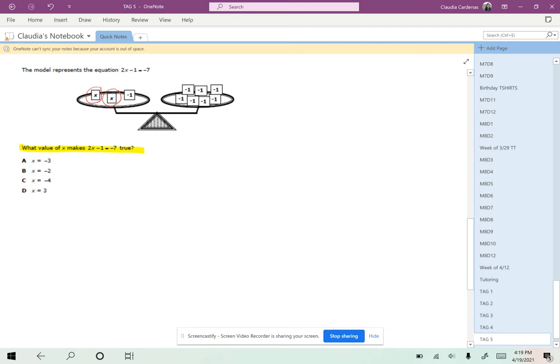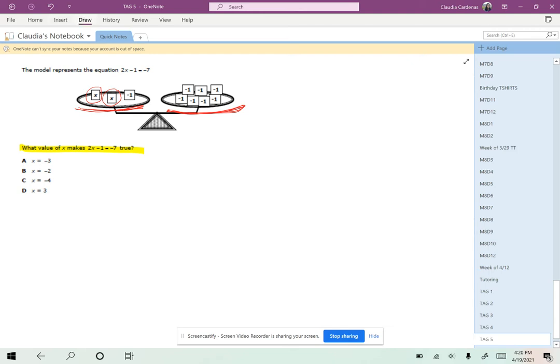We have our x variable because it's labeled x, and I see a lot of negative ones within squares. To make it balanced, whatever x is would have to maintain the same amount as this scale over here.